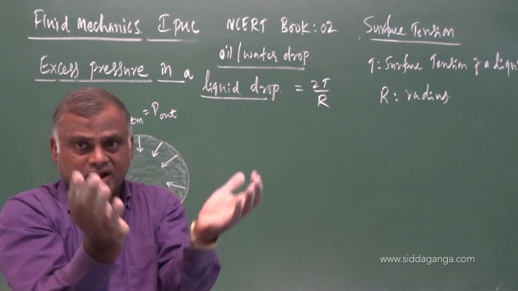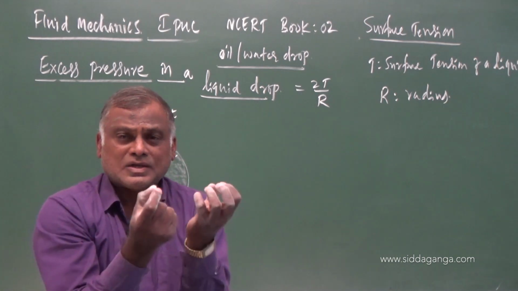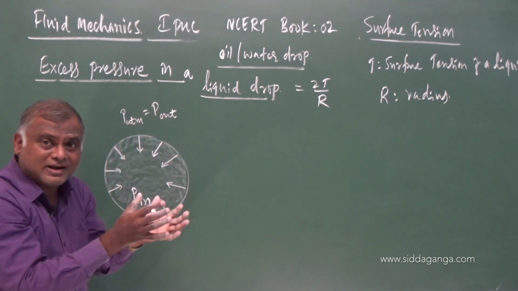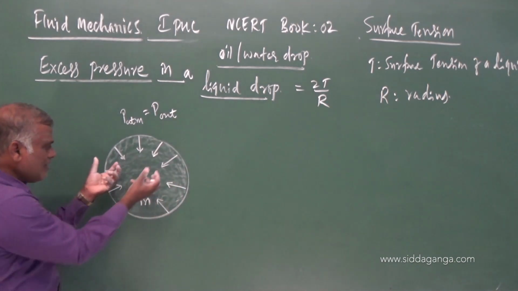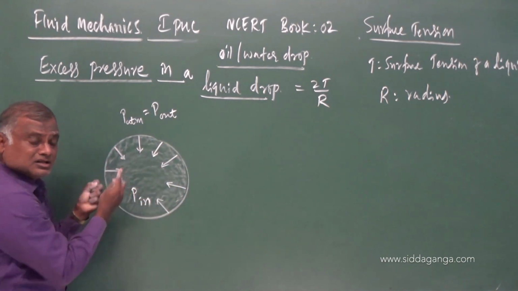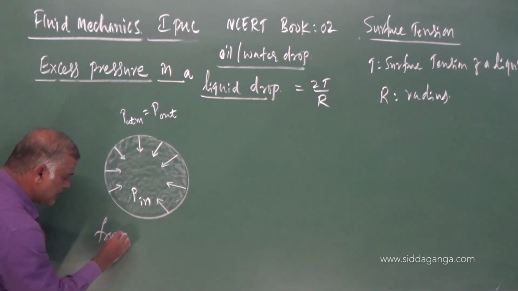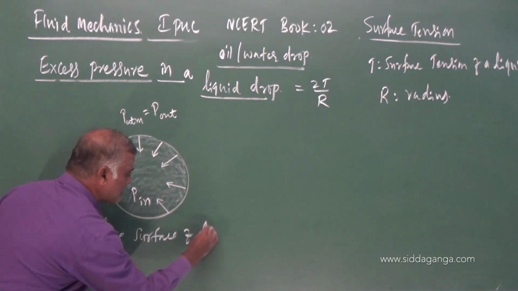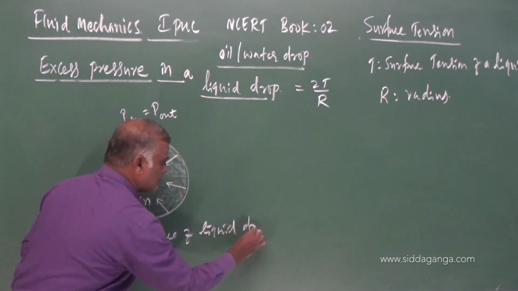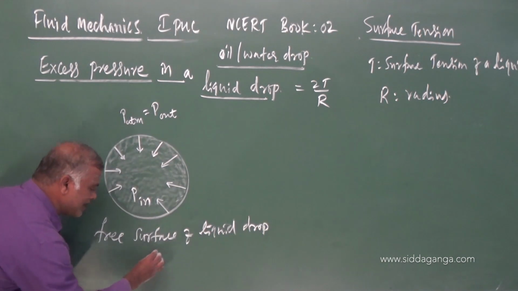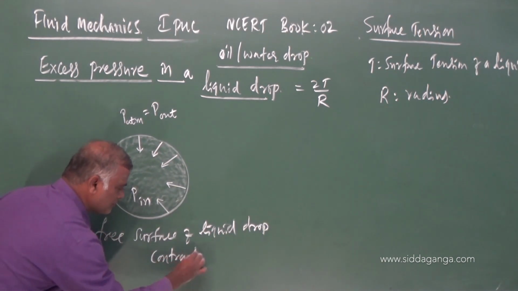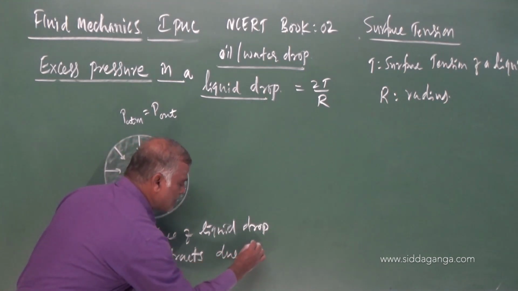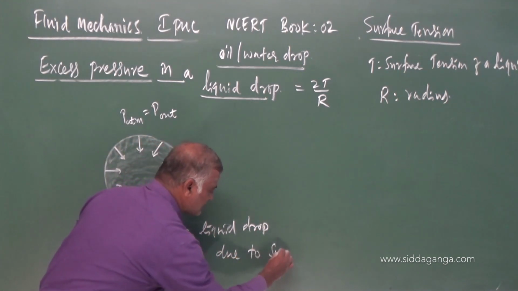Imagine in that liquid drop you have so many drops, and the free surface of the liquid contracts because of the cohesive force of attraction. The free surface of the liquid drop contracts and acquires minimum area due to the property of surface tension.